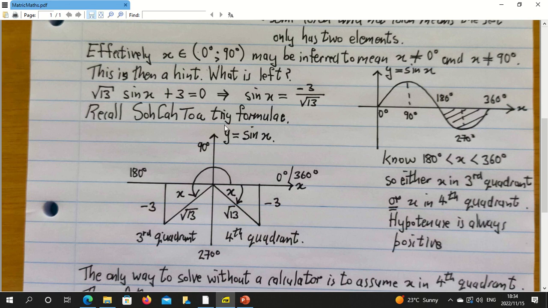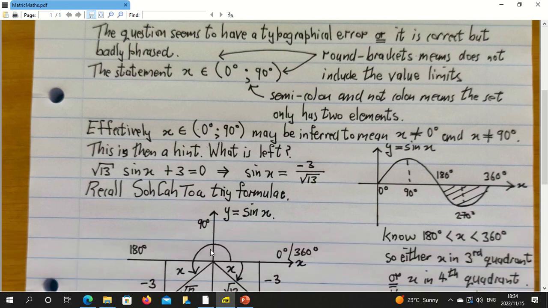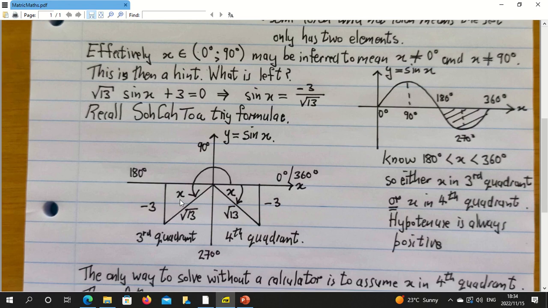We have sine using your high school maths, SOHCAHTOA. Sine is opposite over hypotenuse, cosine is adjacent over hypotenuse, tan is opposite over adjacent, so SOH CAH TOA. And the available information, it's either in the third quadrant or in the fourth quadrant.